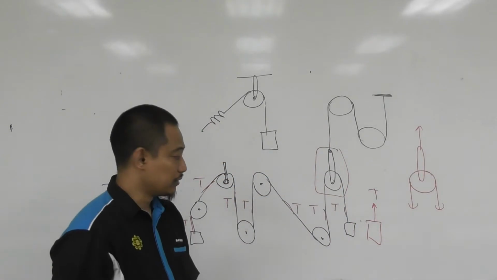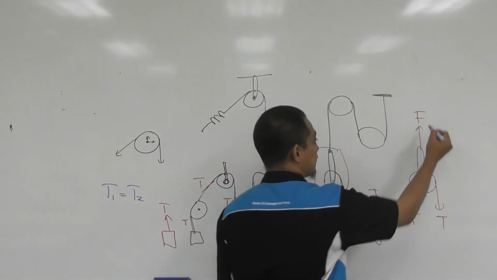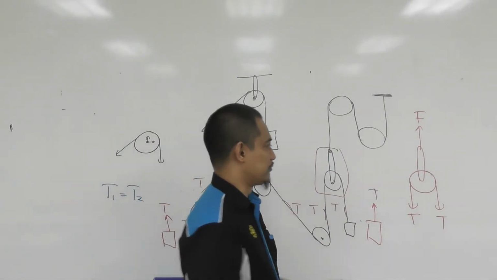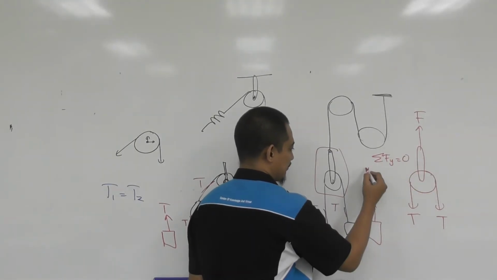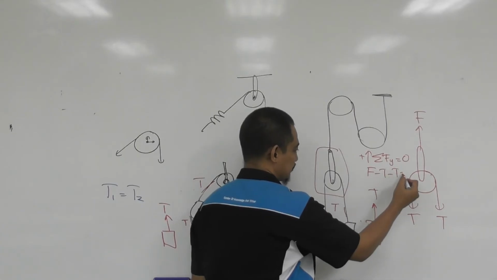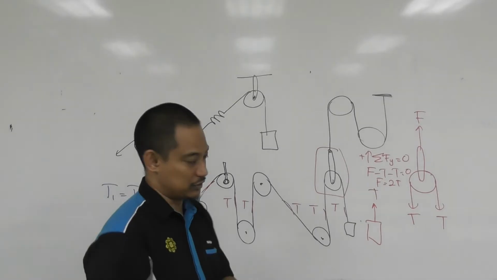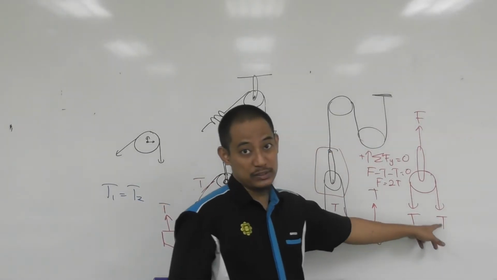If I consider this as T, let's say this is F, then if you do summation of Fy equal to 0, with upwards as positive, F minus 2T equal to 0, so F equal to 2T, right? Which is logical because this force should be equal to this T plus this T, or 2T.